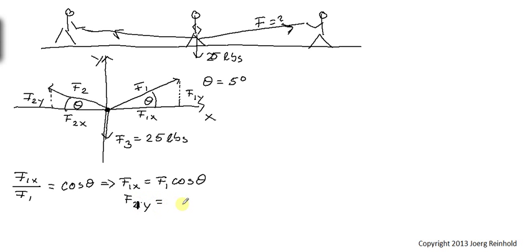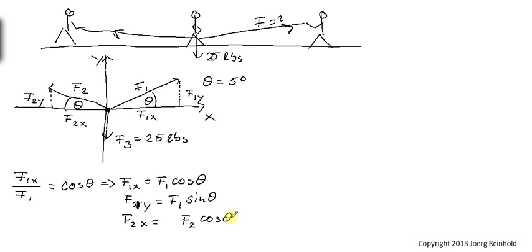F1y is then F1 times the sine of theta. That's the opposite. Also what we find is of course then that F2x is the magnitude of F2 times the cosine of theta.